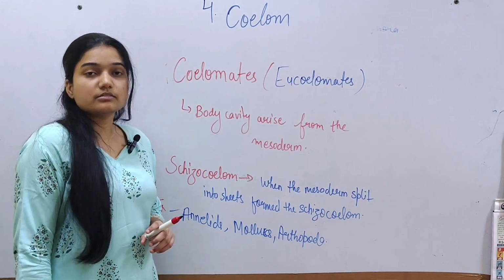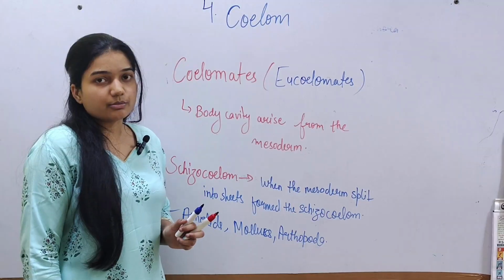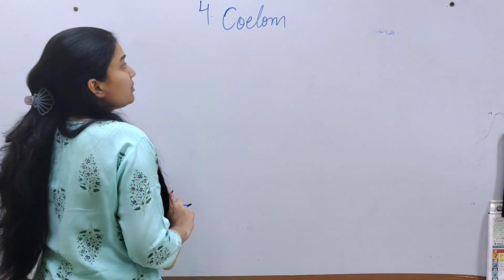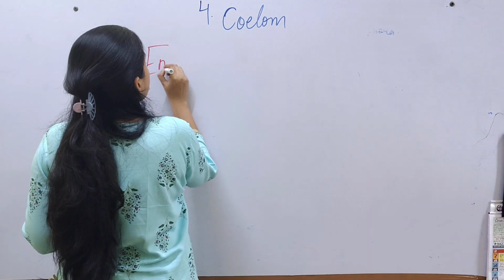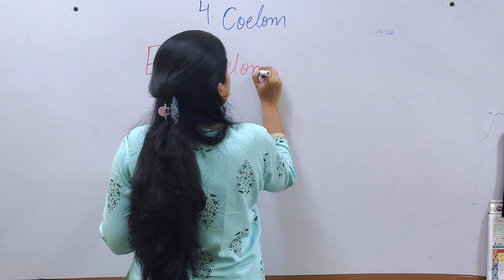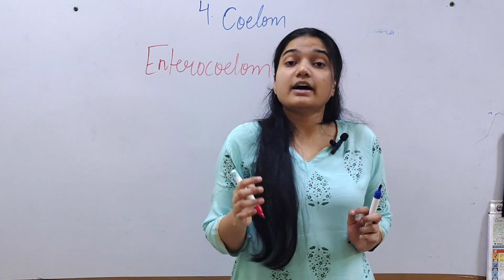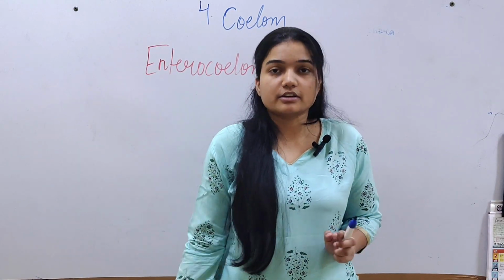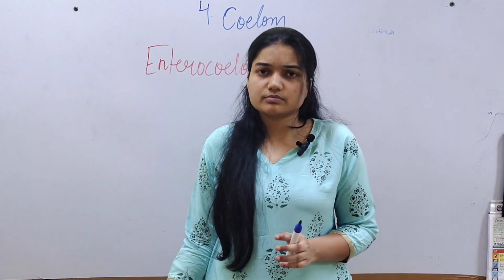Now I take the second coelomate, which is enterocoelom. In enterocoelom, the mesoderm arises from the wall of the embryonic gut as a hollow outgrowth and forms the coelom.